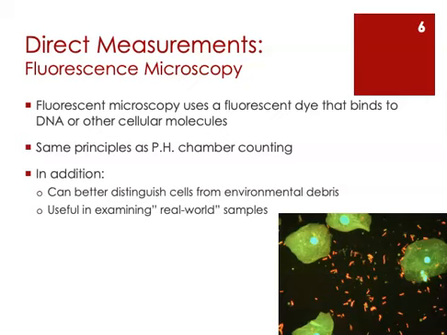Samples of municipal drinking water, samples that came from a recreational body of water, samples taken from a food production facility. So we don't expect to see only cells in these samples, but also a certain amount of debris. The fluorescent dyes will not tend to bind to the debris. They'll tend to bind to the cells. So it's very helpful for us to be able to distinguish the cells in one of these real-world environmental samples.